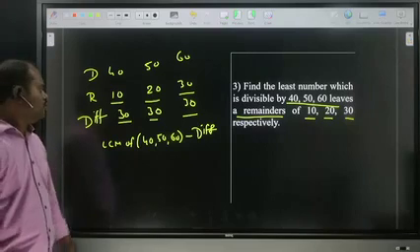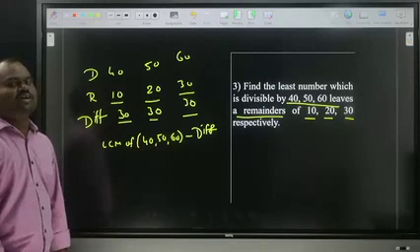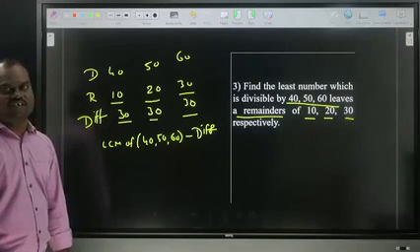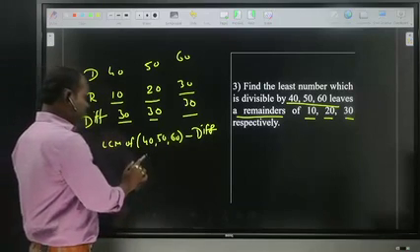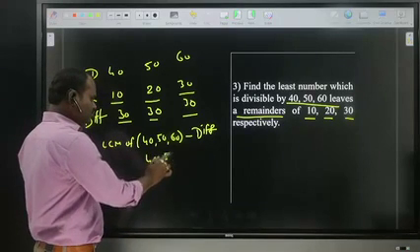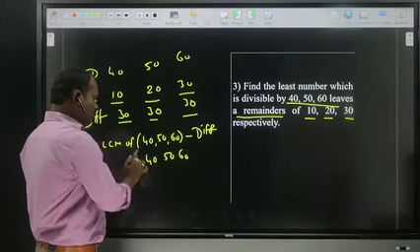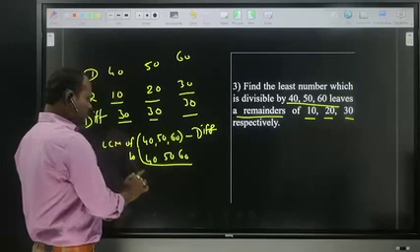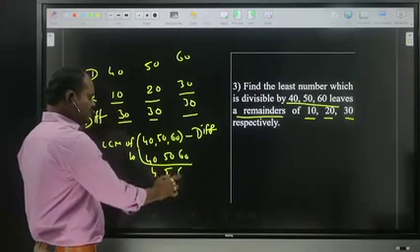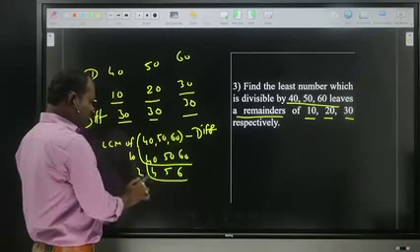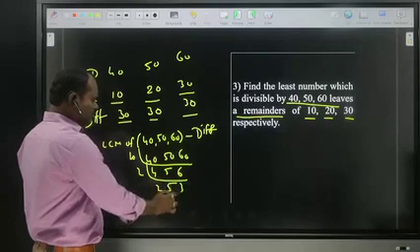The LCM of 40, 50, 60: take 10 out as common, 10 fours, 10 fives, 10 sixes; next 2 table, 2 twos, 5, 2 threes. That's it.